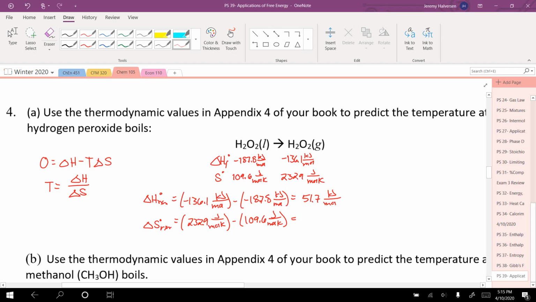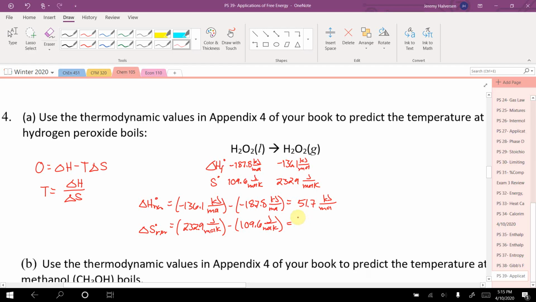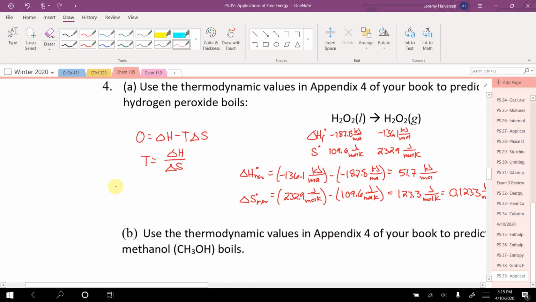Therefore the delta H of the reaction is 51.7 kilojoules per mole, and the delta S of the reaction is going to be 123.3 joules per mole K, which is 0.1233 kilojoules per mole K. Right, so now I can just jump over here and say the temperature at which this becomes spontaneous, the temperature at which delta G equals 0, is going to be 51.7 kilojoules per mole divided by 0.1233 kilojoules per mole Kelvin.